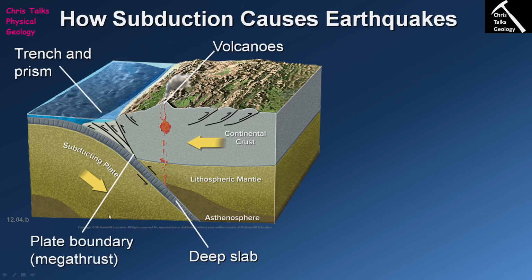The water then enters the surrounding mantle, causing it to melt, producing a mafic magma, and that mafic magma then rises up, gets stuck at the base of the continental crust, where it melts the continental crust and will either form felsic or intermediate magma, which then rises through the Earth's crust and eventually in some cases will be erupted in the form of a volcano. So along with the fault movement associated with the tectonic stresses, we also have magma movement.